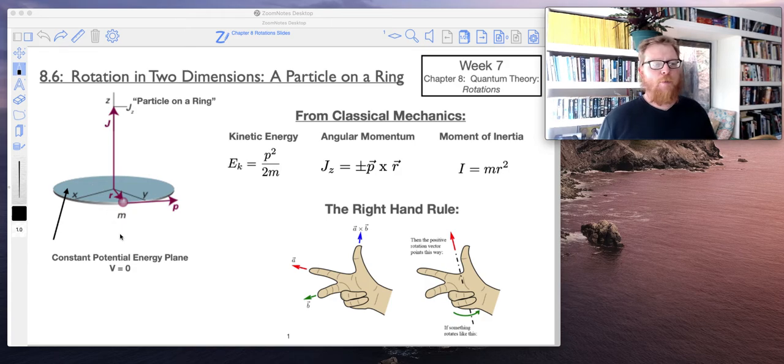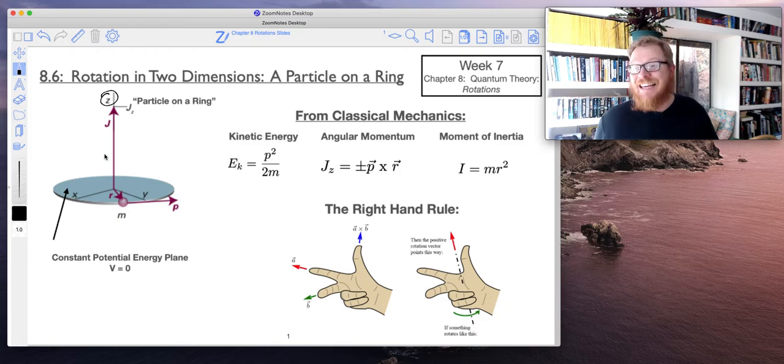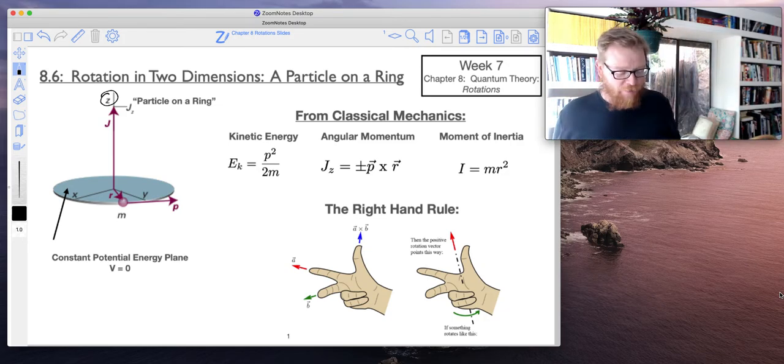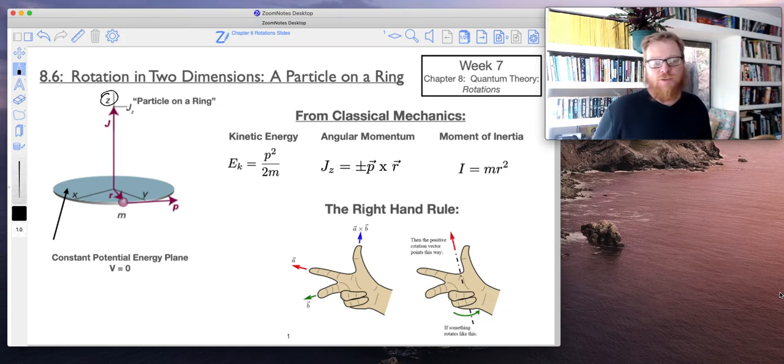Notice our axes here, Z, X, and Y. We're going to be giving special attention to the Z-axis in this discussion because we have to choose one axis. As it turns out, there's going to be a little Heisenberg uncertainty principle going on. So we choose the Z-axis arbitrarily. Okay, so it doesn't matter.